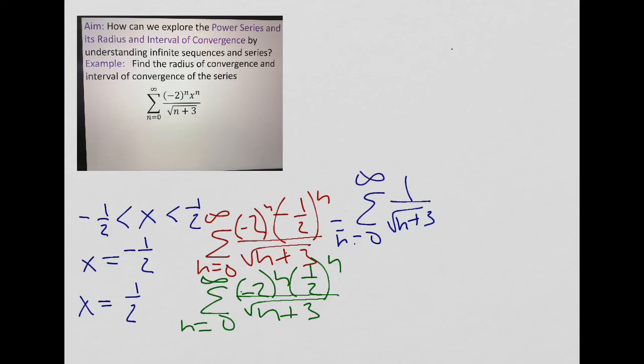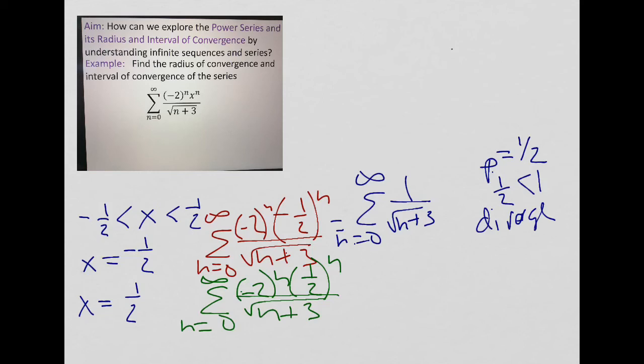We can use this as a p-series if you need to do a direct comparison test. You would still need to figure out that p is 1/2 for 1 over n to the 1/2 power, and that 1/2 is going to make this diverge.